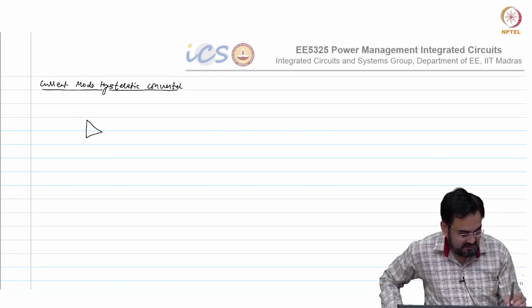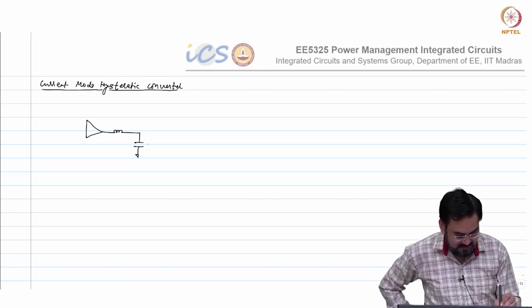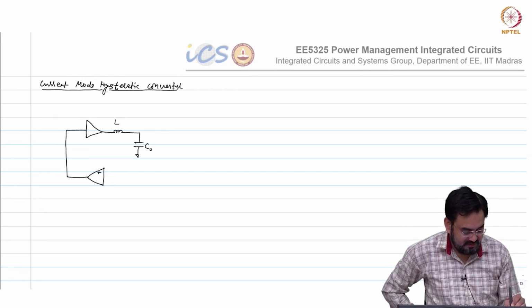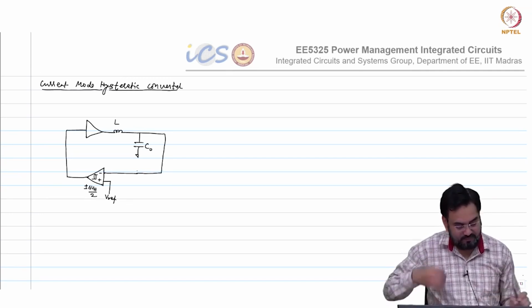So let us draw the same circuit again. This is C out, this is L. This is your comparator, minus plus, it is a hysteretic comparator.